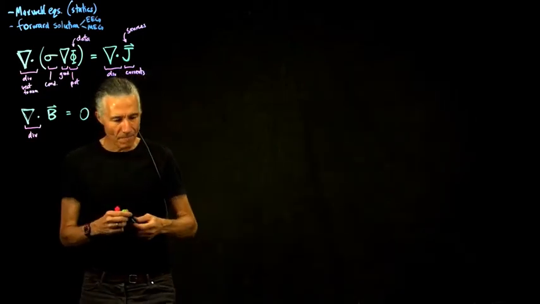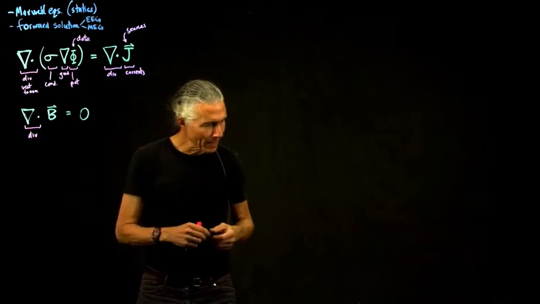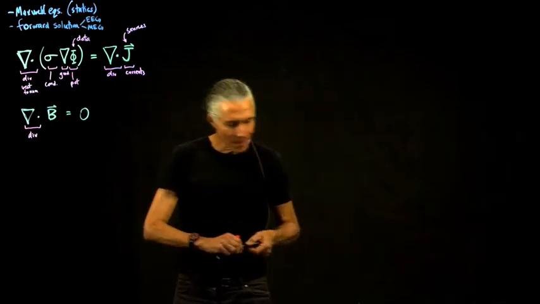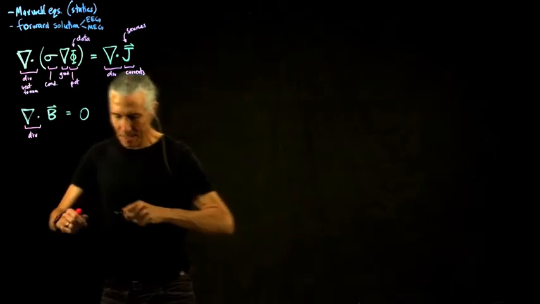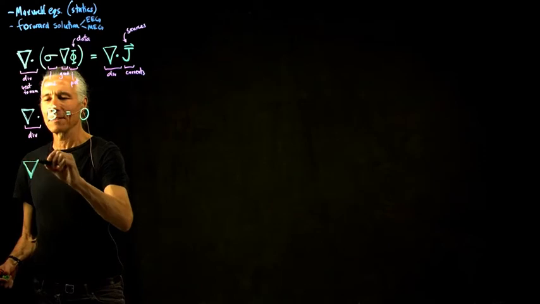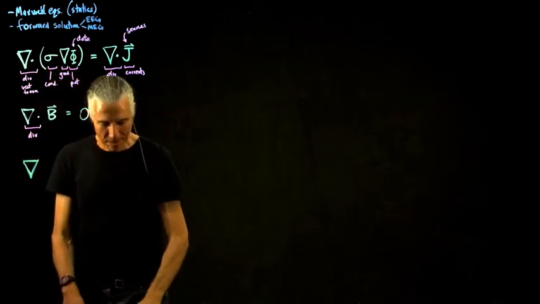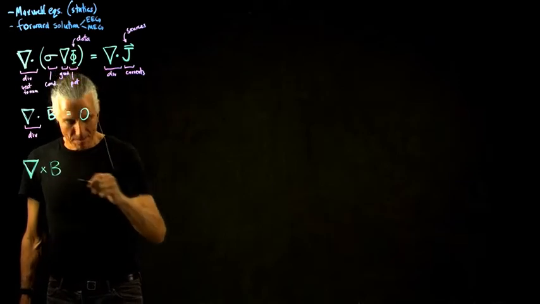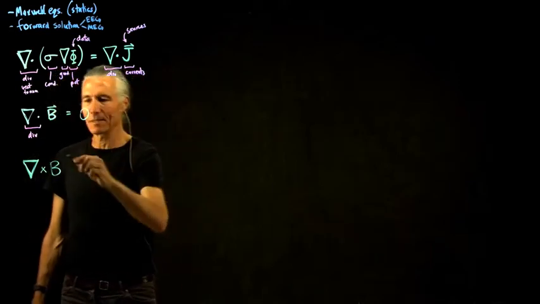Okay, so the last one is what was originally called Ampere's law. This one basically describes how the magnetic field relates to currents.